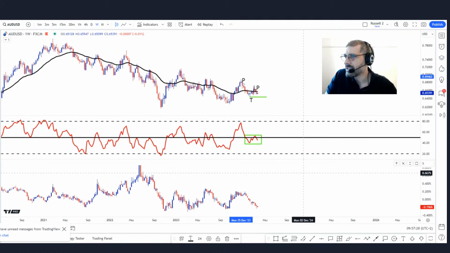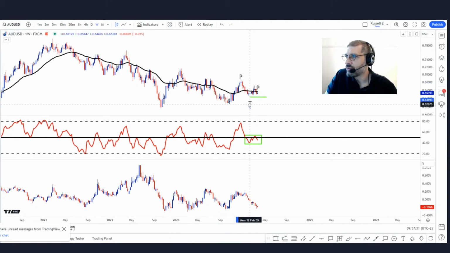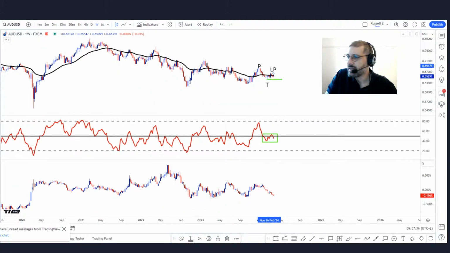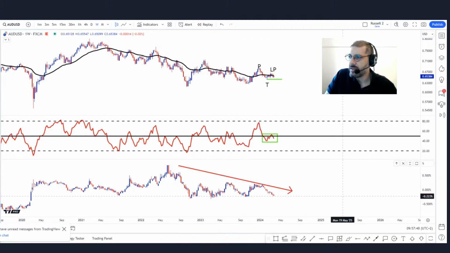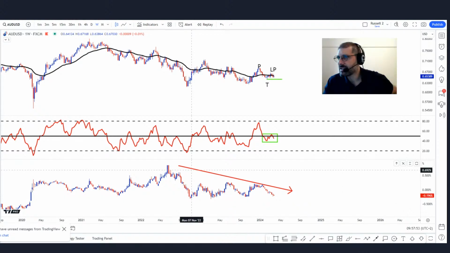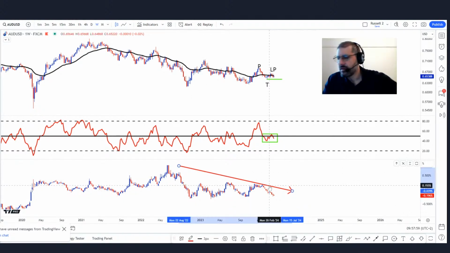On the Aussie, we've got a peak, trough, lower peak over here, and you can actually see that the spread is moving down. So the longer term flows, when we're looking at the Aussie 10-year and the US 10-year spread, there does seem to be some sort of downwards pressure there.